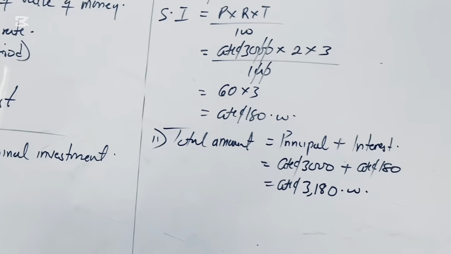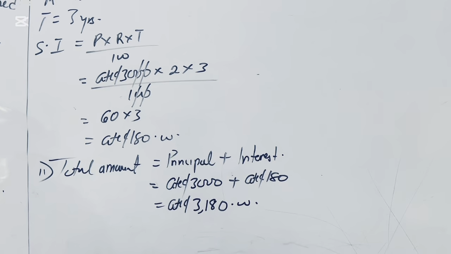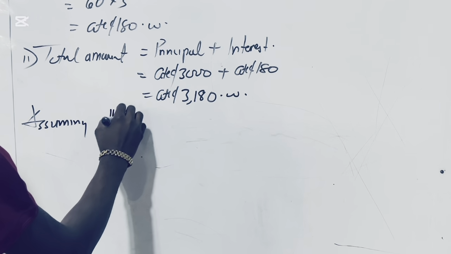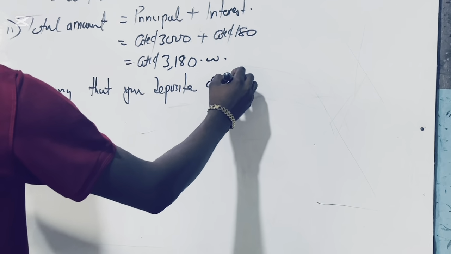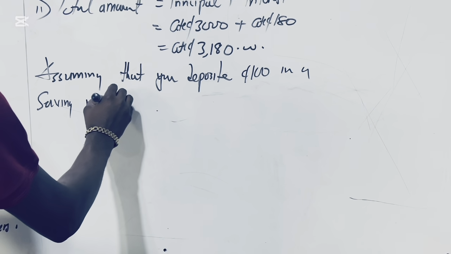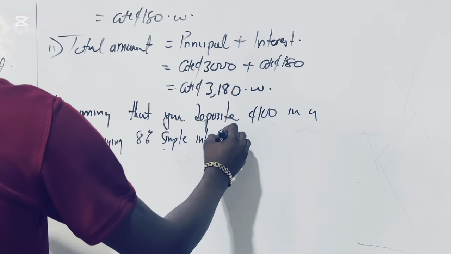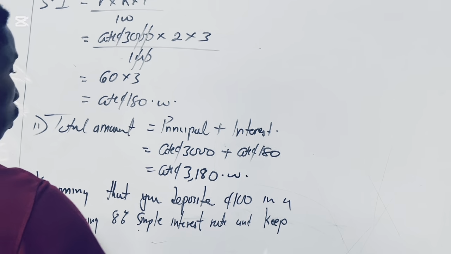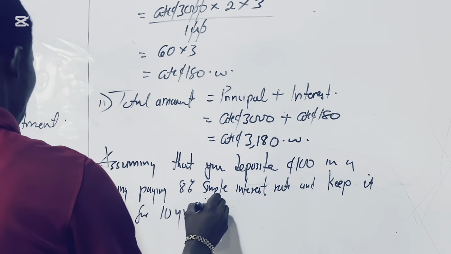Now let's consider another example. We have here, assuming that you deposit 100 Ghana cedis in a savings account paying 8% simple interest rate, and keep it there for 10 years.